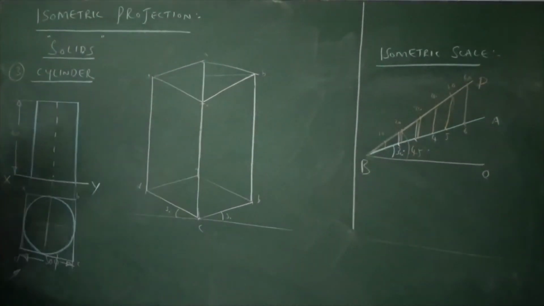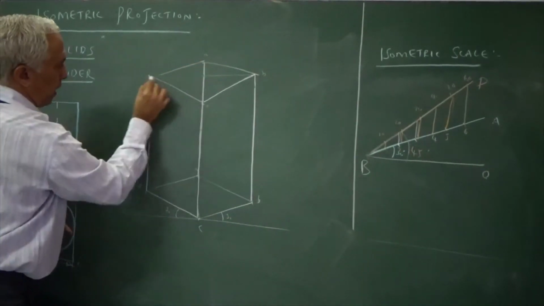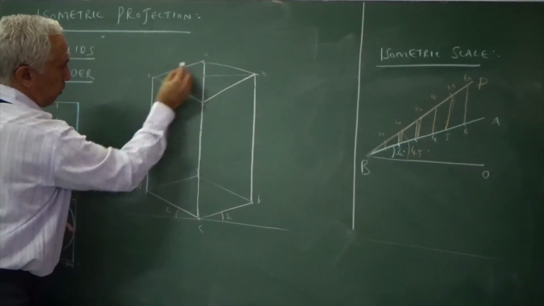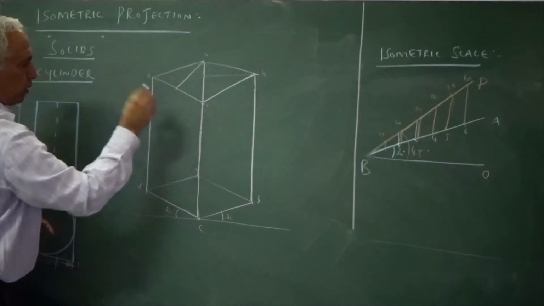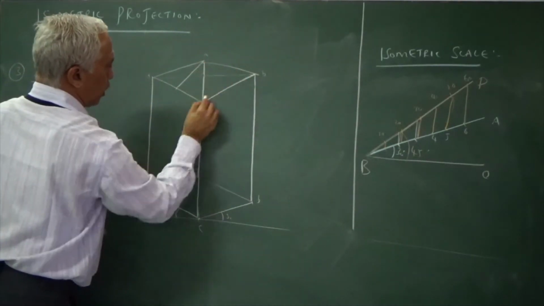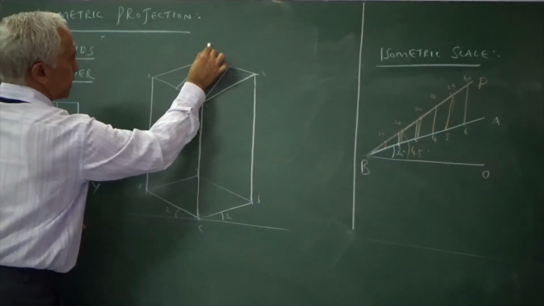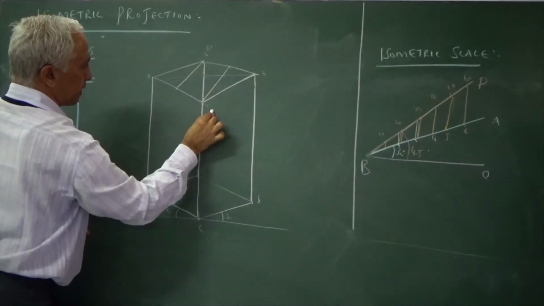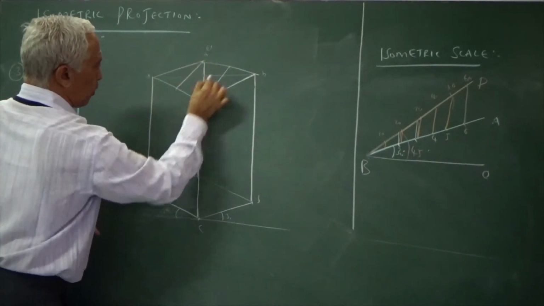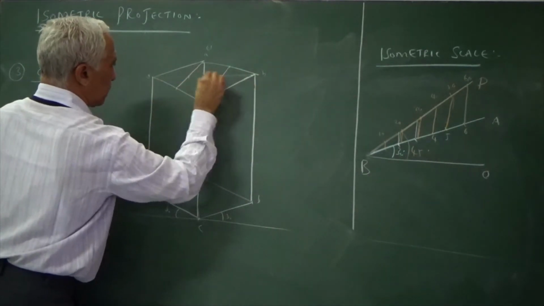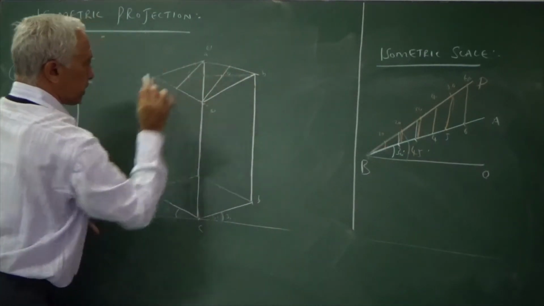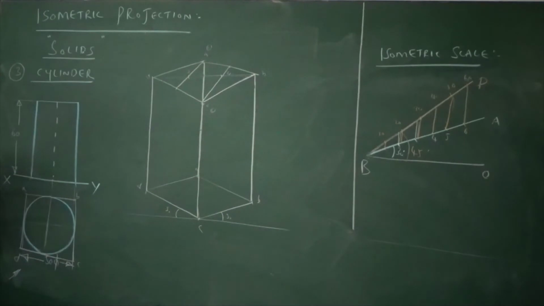From A, draw a line which joins the midpoint of CD. From C, draw a line which joins the midpoint of BA. So A is center number 1, C is center number 2, and these two lines will meet the longer diagonal at 2 points, center 3 and center 4. So we adopt the 4 centers method.